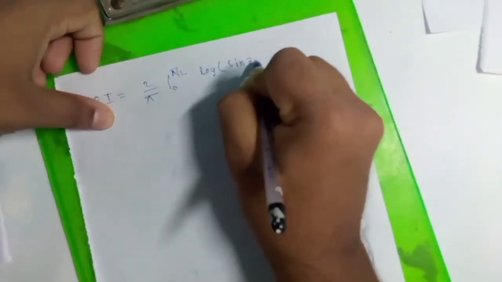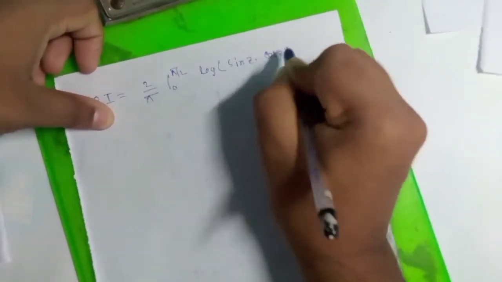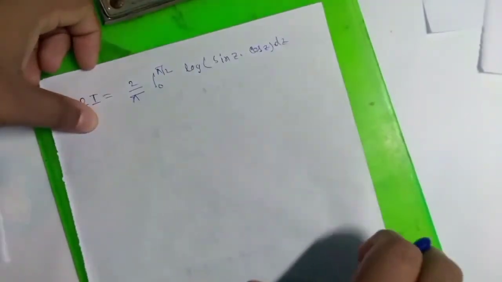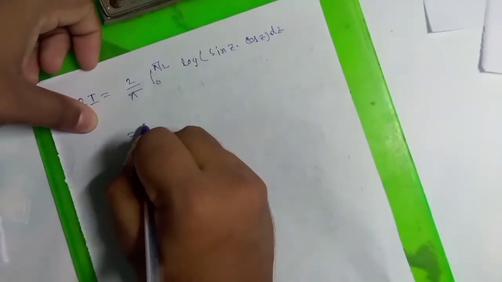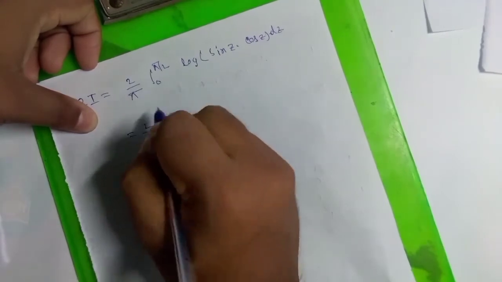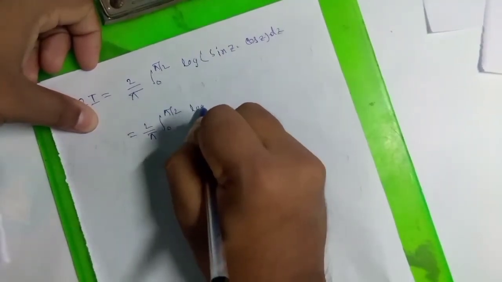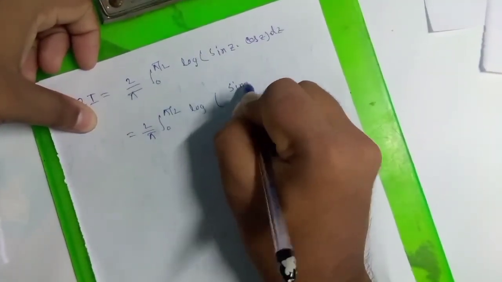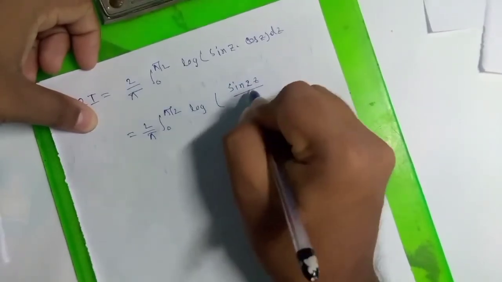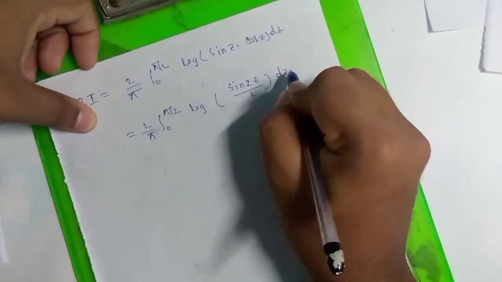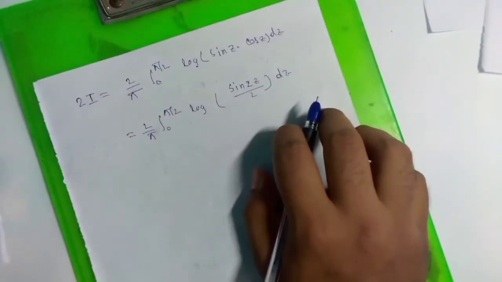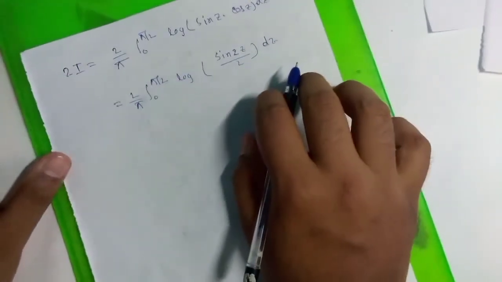Here we write sin 2z by 2 dz, because 2 sin theta cos theta is sin 2 theta.